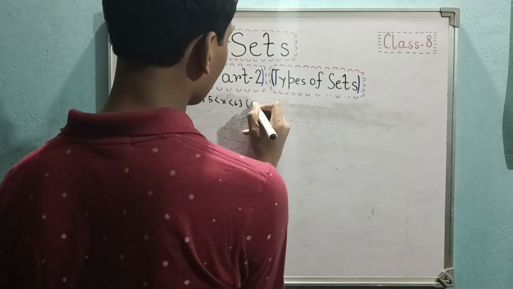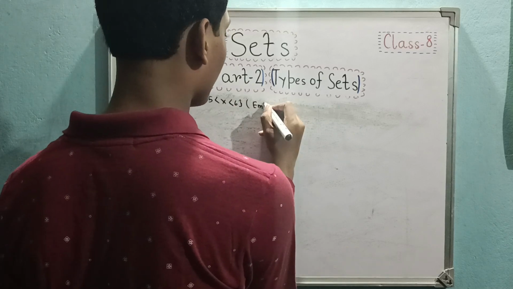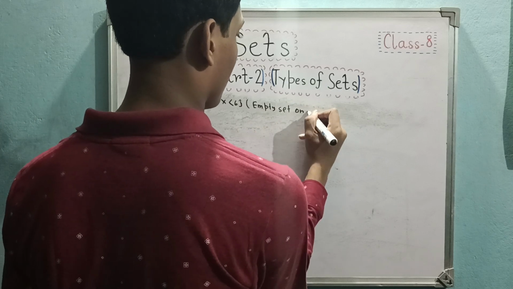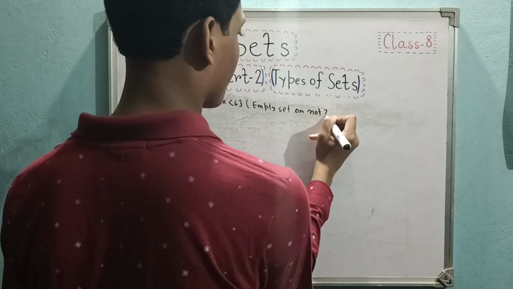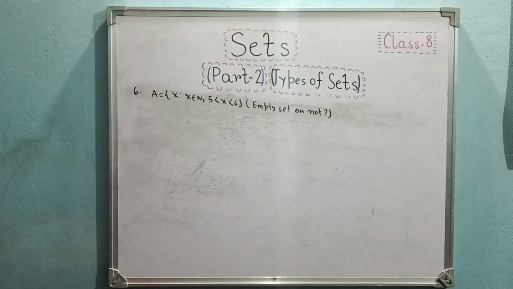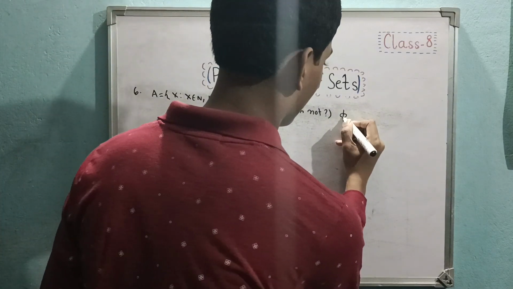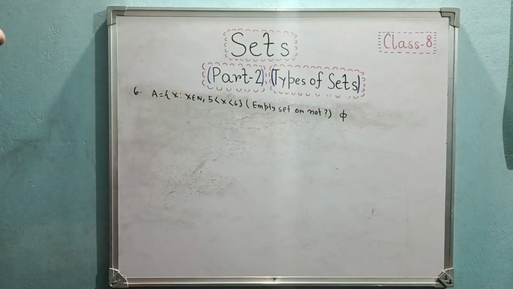Is this an empty set or not? We have to check. By the name only you can understand what an empty set can be. A set which has no elements is an empty set, and it is denoted by this sign. It's called a null set. Empty set is also called a null set actually.